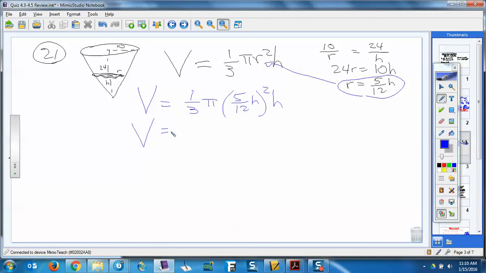Let me give you just a minute to simplify that. People sometimes get to this part and they decide to start trying to work with the derivative from there, and that's crazy. Crazy.